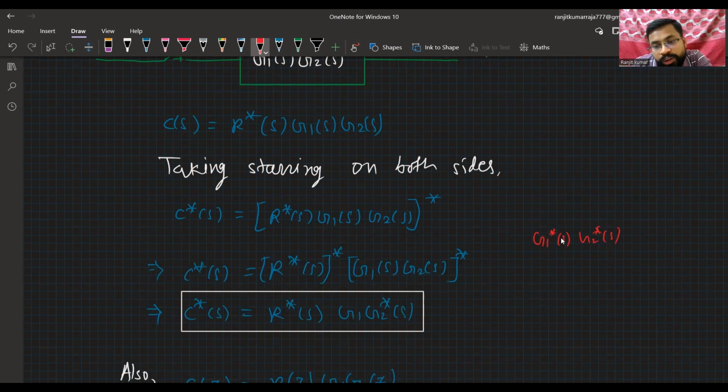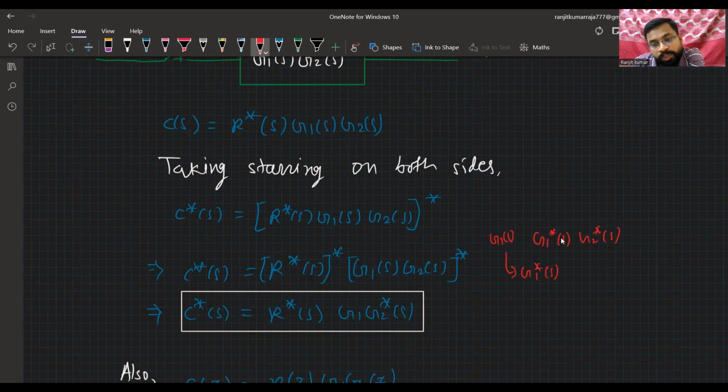Remember, whenever I'm going to apply, let's suppose G1 star, whenever I star the function, it applies when one function is given here.